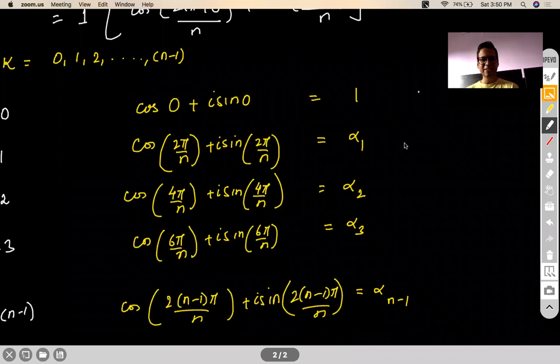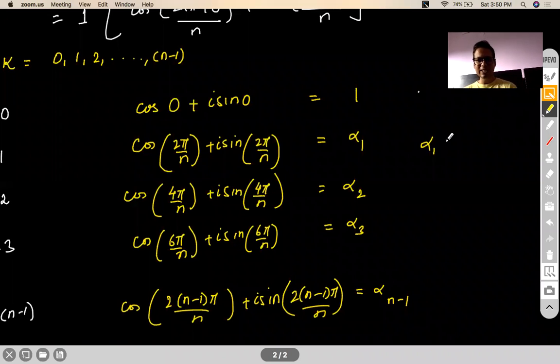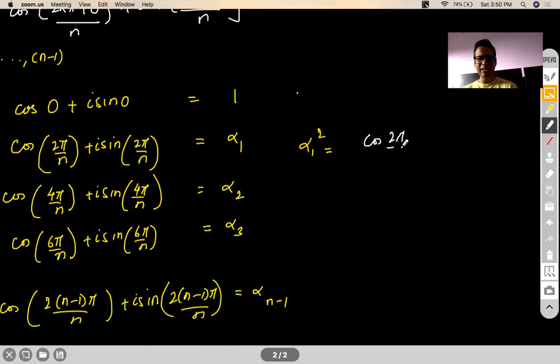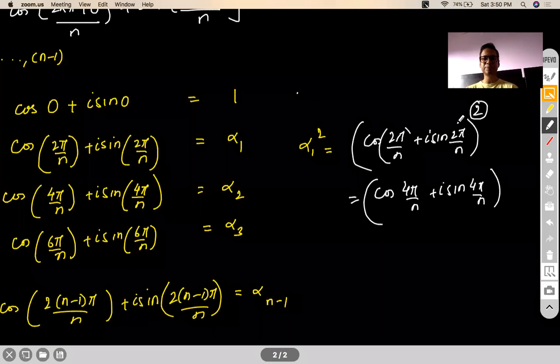See, because if you square alpha 1, you'll end up getting (cos 2π by n plus i sin 2π by n) whole square, right? And as per de Moivre's theorem, this will become cos 4π by n plus i sin 4π by n, because this 2 will go and multiply to the argument, isn't it?